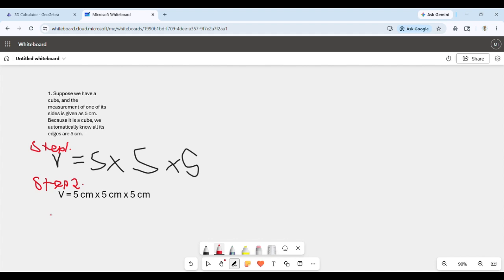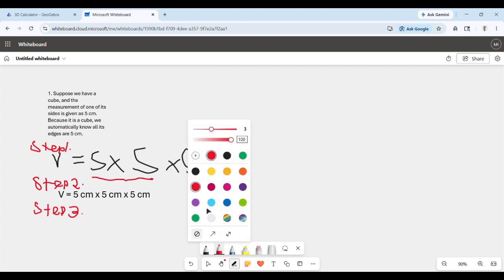So step 3 is to calculate the product. So let's calculate step by step, or let's do it in pieces. We will write here step 3. First we will solve for the first two parts. So 5 times 5.